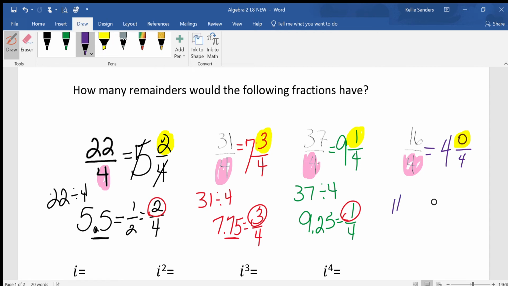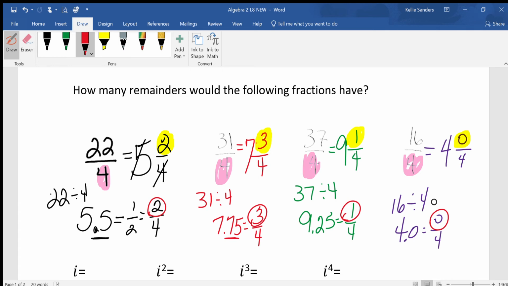If we put 16 divided by 4 in a calculator, we get 4. If we had it in a special mode, we'd get 4.0, and that would be 0 out of 4 also. That would be 0.